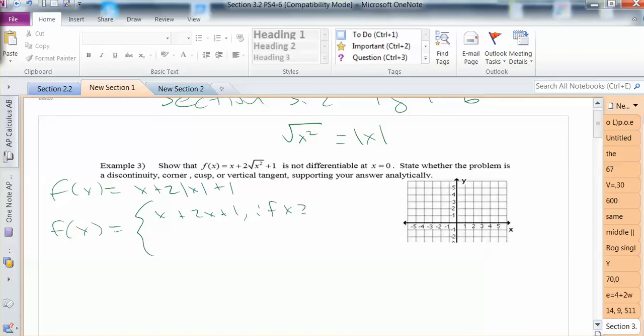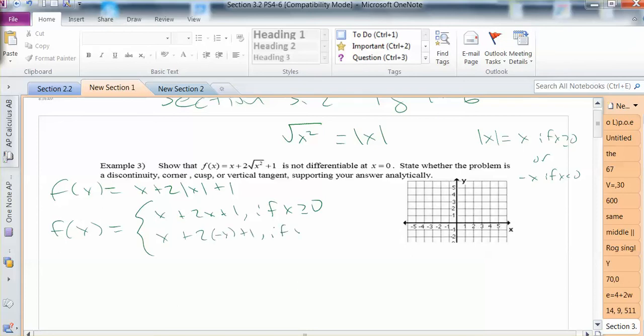to 0, because the absolute value of x, remember, equals x if x is greater than or equal to 0, or negative x if x is less than 0. Also, we could rewrite it as (x + 2)(-x) + 1 if x is less than 0.